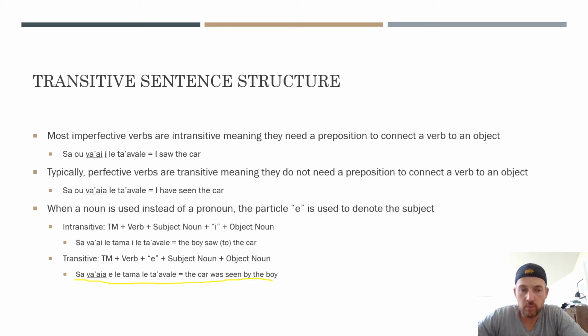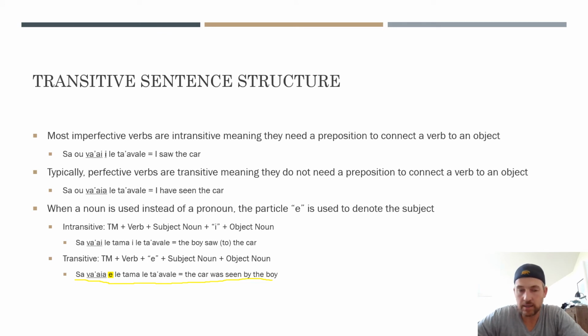So here, when we're looking at the sentence, notice the particle e, which is marking the subject noun. There are two nouns that come right after one another, letama and leta'avale. The way we know which one's the subject and which is the object is less about the order they come in.